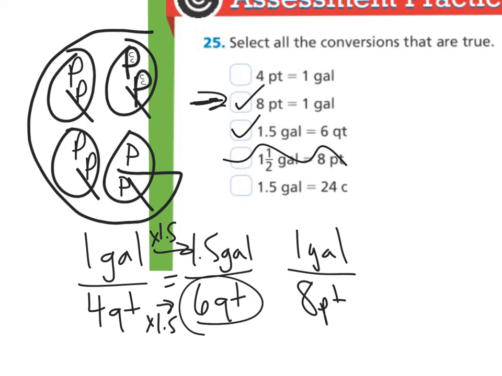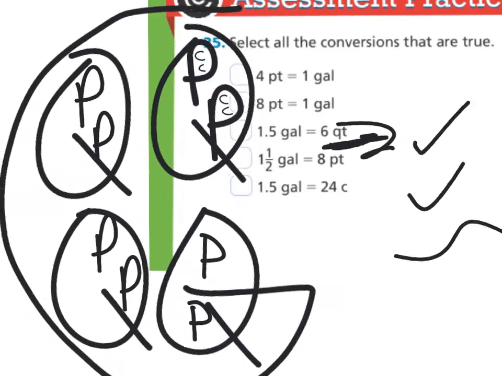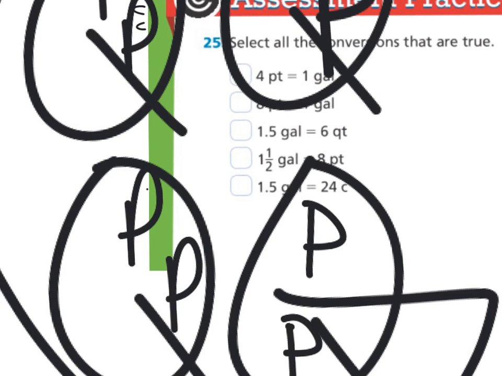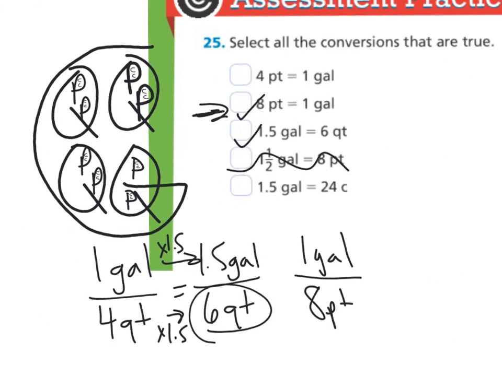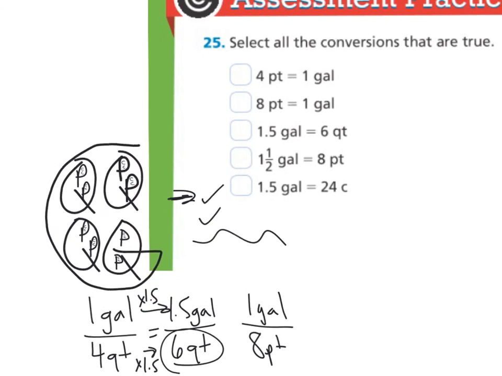And then the last one, they're asking if 1.5 gallons is equal to 24 cups. If you look at the picture, if you fill this in all the way, there's 16 cups in a gallon.